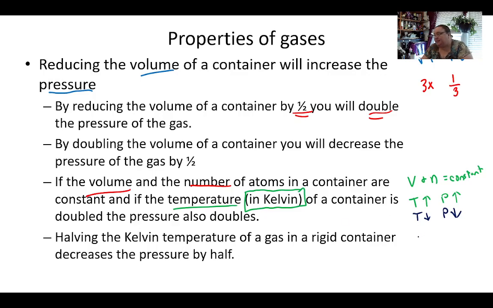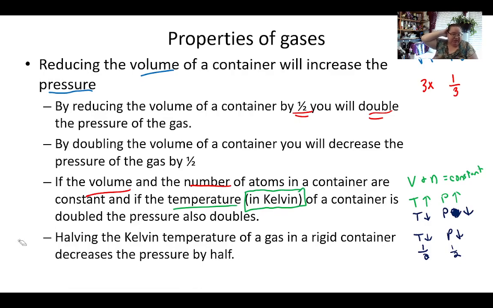So if my temperature decreases by half, that means my pressure is also going to decrease by half because they are going in the same direction.